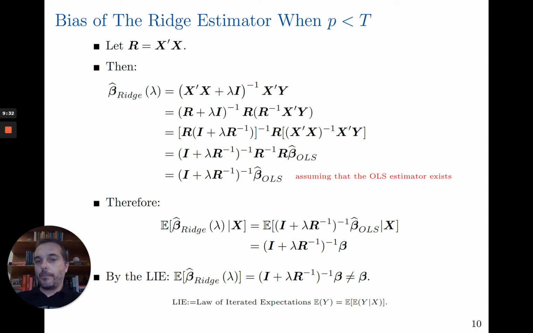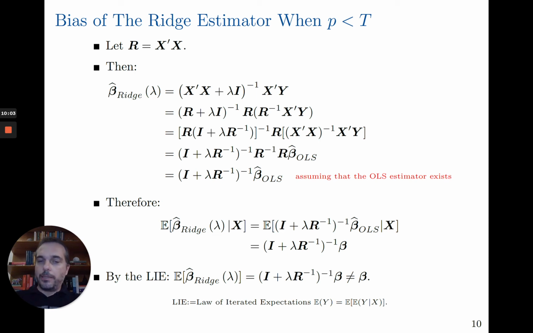It attenuates the OLS estimator. So it would only be unbiased when this term here vanishes, and this whole thing here becomes the identity.